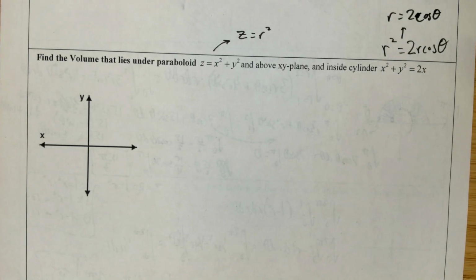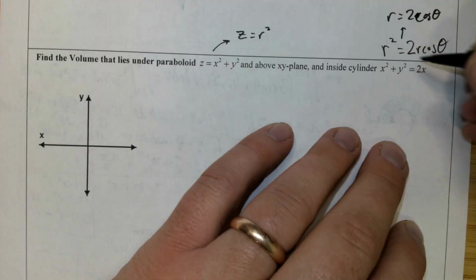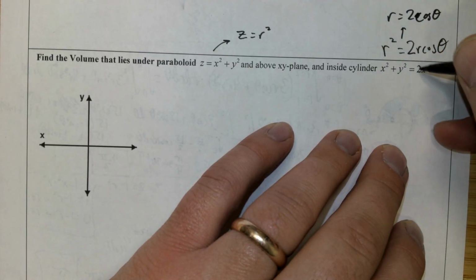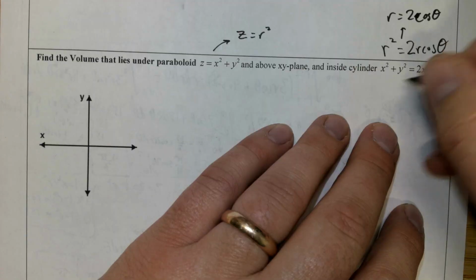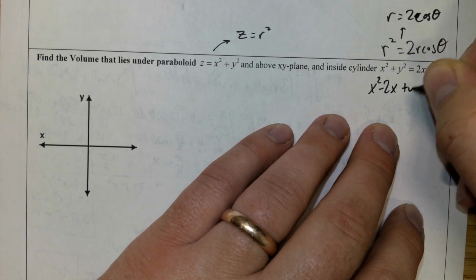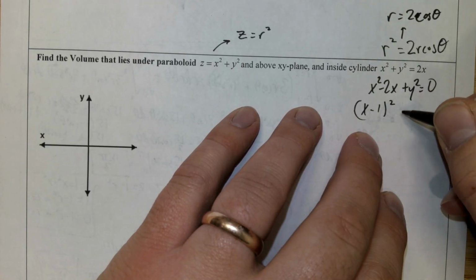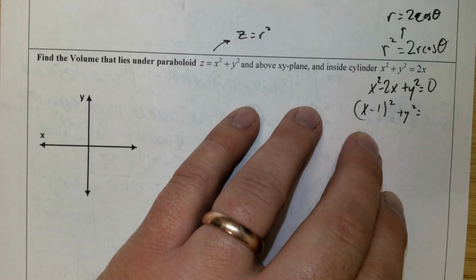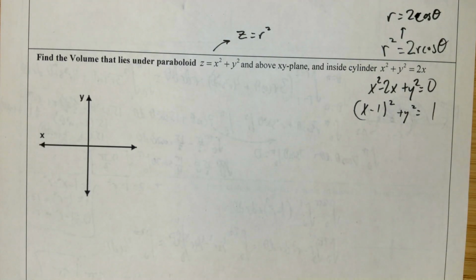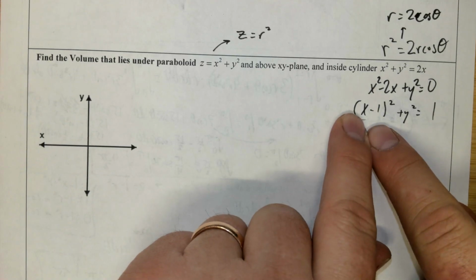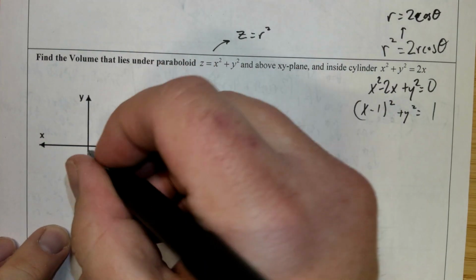Okay, maybe you're not quite seeing it yet. What if I did this? Don't write 0. It's a circle of radius 1 that's shifted to the right one.